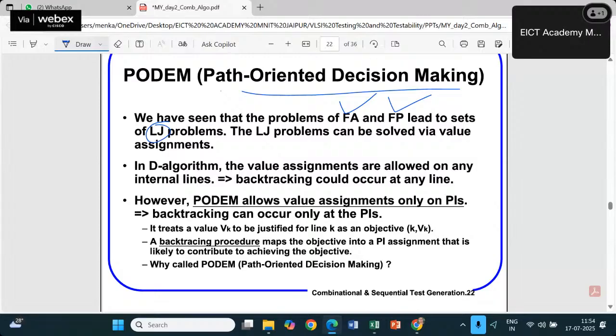FA is fault activation, FP is fault propagation. Fault activation, we need to activate the fault. Fault propagation, we need so that we can propagate that fault to the output. That creates a set of line justification problems: this line should be like the D frontier, or it must propagate the fault, what should be the other line, and like that.